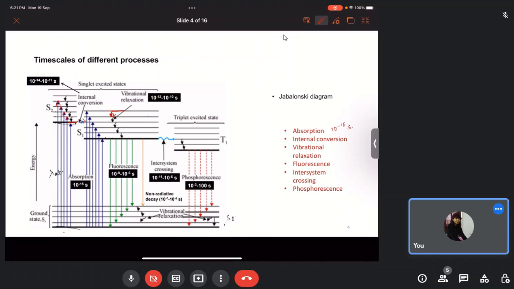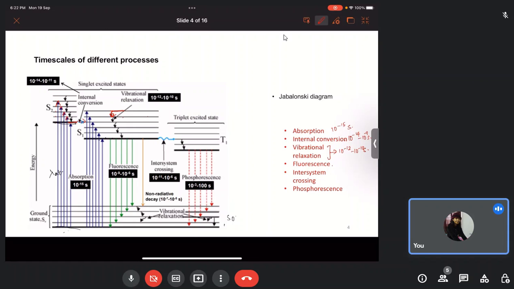Internal conversion, where the molecule goes from a higher electronic excited state to a lower electronic excited state, is in the range of 10 to the power minus 14 to 10 to the power minus 11 seconds. Vibrational relaxation is on the order of 10 to the power minus 12 to 10 to the power minus 10 seconds.